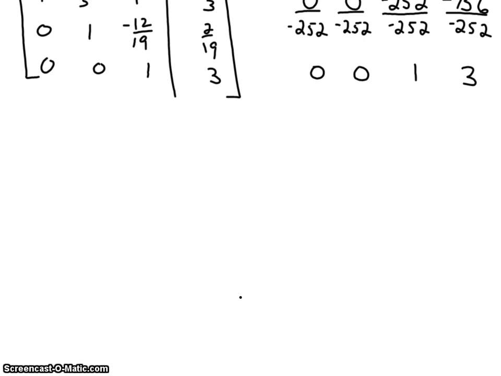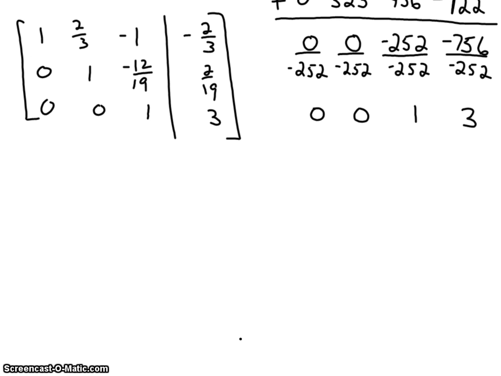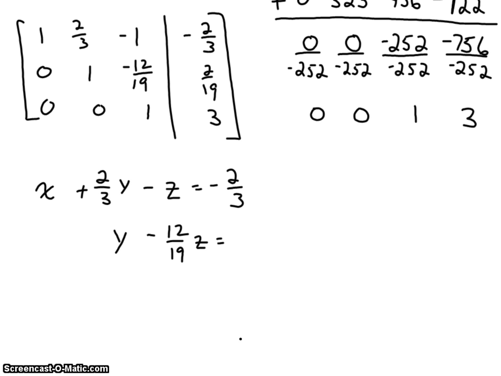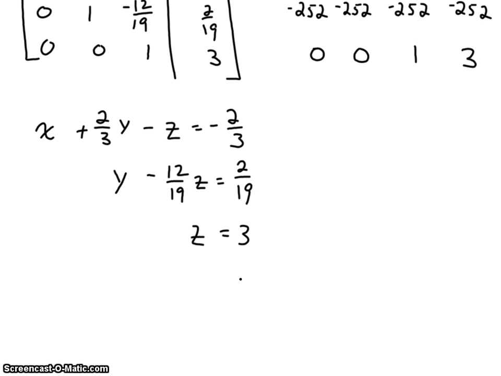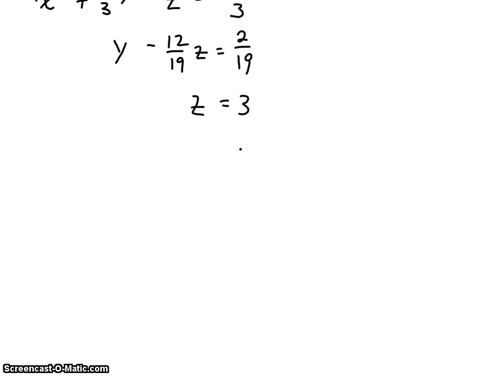So from this, we get a system of equations that says x plus 2/3 y minus z equals negative 2/3. Y minus 12/19 z equals 2/19. And z equals 3. Okay, now we know z equals 3.